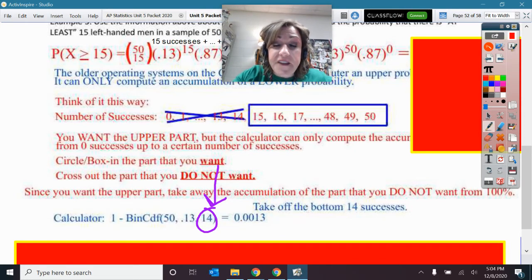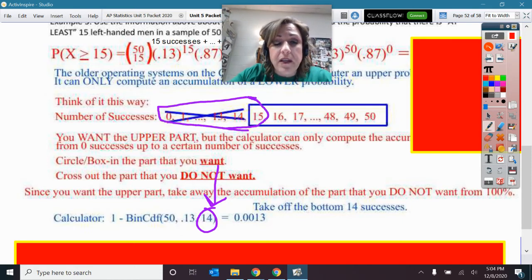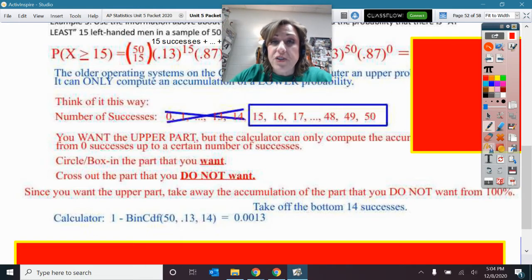If you have a 15 right there, then you would be taking off 15 as well, and then you would just have 16 and above. Okay? So that's why I need this visual, because I need to make sure that I get this little section right and take off what I'm supposed to take off and leave what I'm supposed to leave.